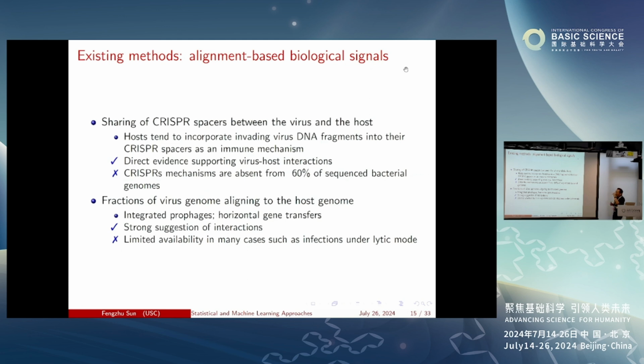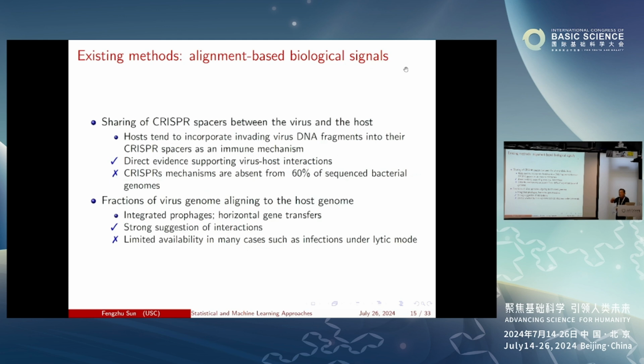So that's one. The other information is the so-called alignment. So the alignment between the host genome and the virus. So what does it mean? It's when you do some local sequence alignment between the virus and the host. If there is some alignment between them, then that indicates some interaction.